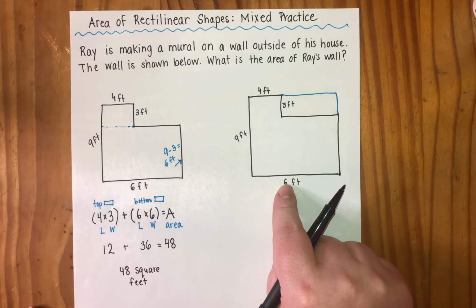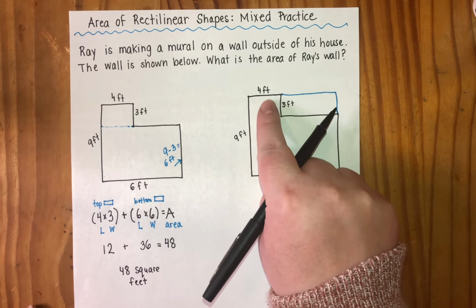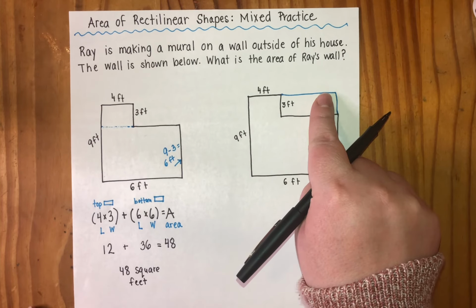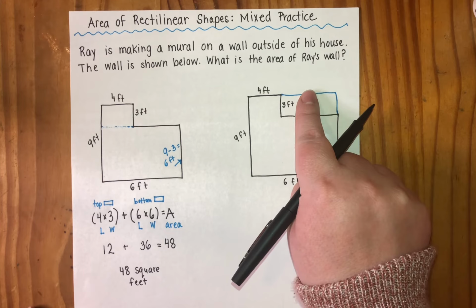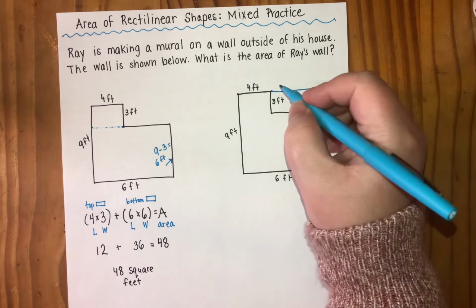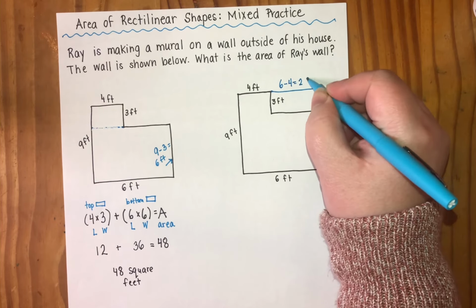And the part of the length on the top is 4 feet. Since the top line needs to be equal to 6 feet as well, then we know that our missing part is, correct, 2 feet, because 6 minus 4 equals 2.